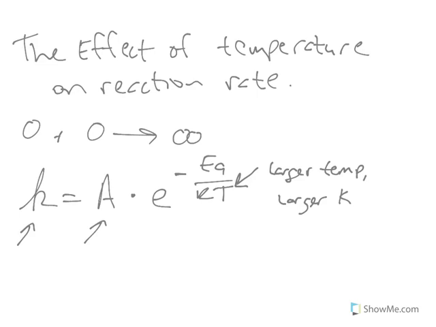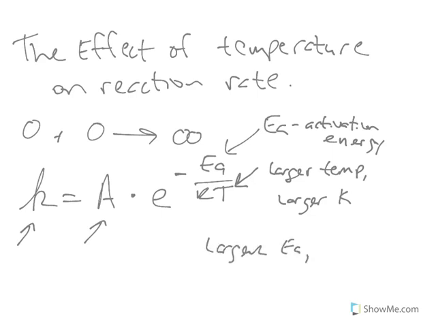There's also something here called the activation energy barrier, or simply the activation energy. And that's going to tell us the larger the activation energy barrier, the smaller K will be.